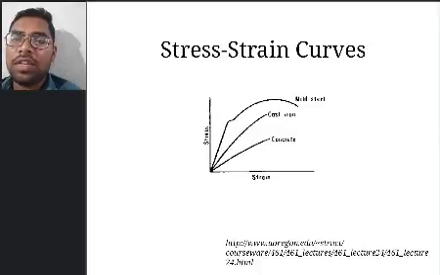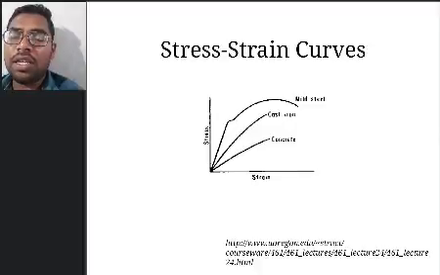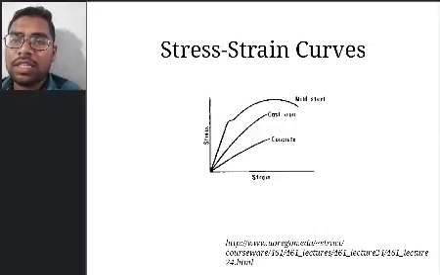If we keep on increasing the load, there comes a final point called the ultimate point. If we keep on increasing the load, then necking starts in the specimen and finally it gets fractured. That is called the point of fracture or failure point.